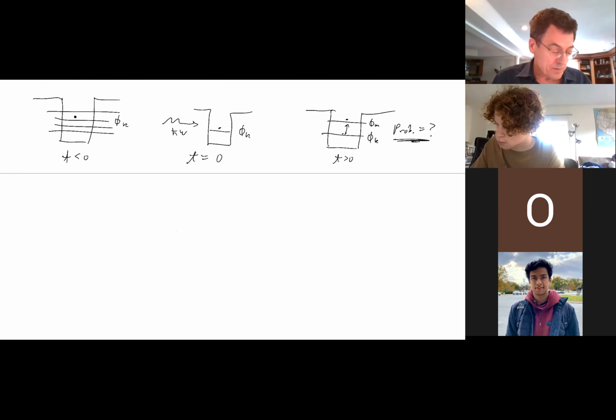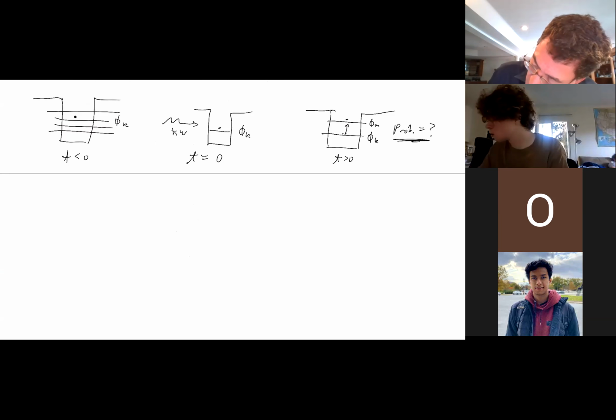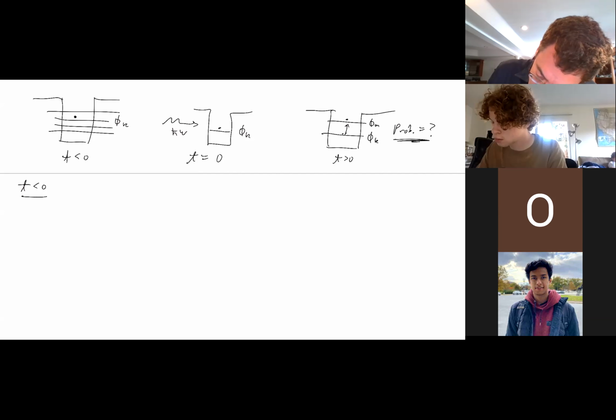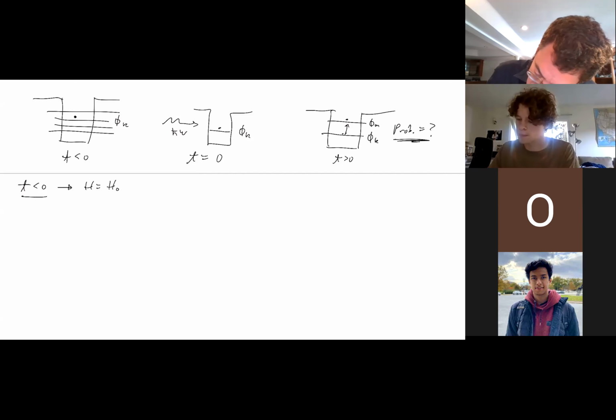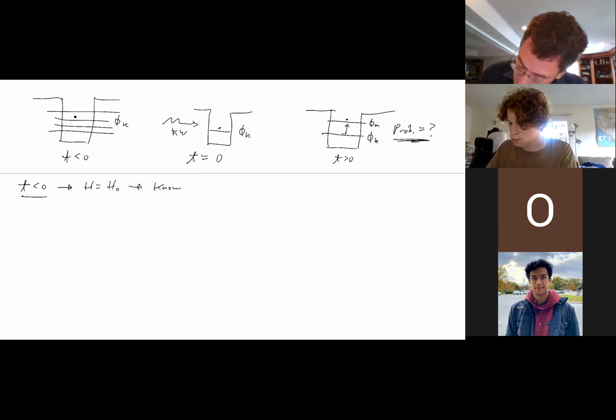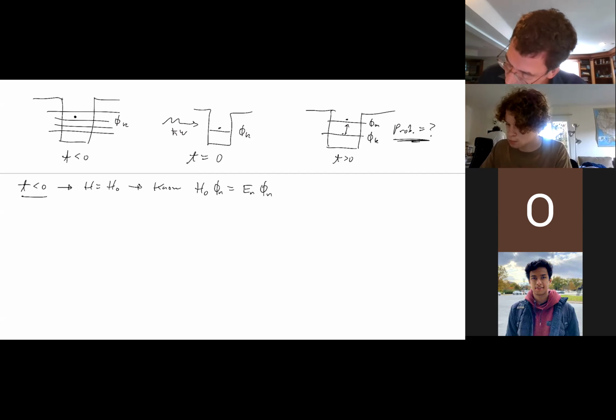And so what we can do then is we'll assume that at t less than 0, the Hamiltonian equals H naught, and we know all the eigenstates: H naught phi n equals E n phi n. So these are just the atomic states.